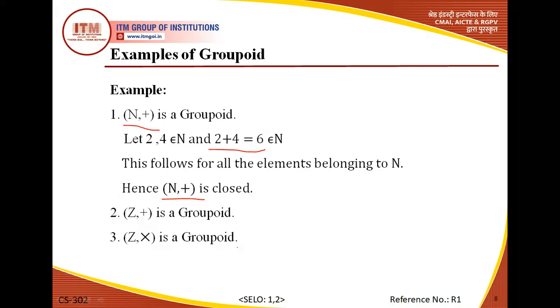And for multiplication, if you take any two integers and multiply them, the answer would be an integer only. Hence, this is also a groupoid. So we have three examples of groupoid over here: the set of natural numbers with respect to addition, the set of integers with respect to addition, and the set of integers with respect to multiplication.